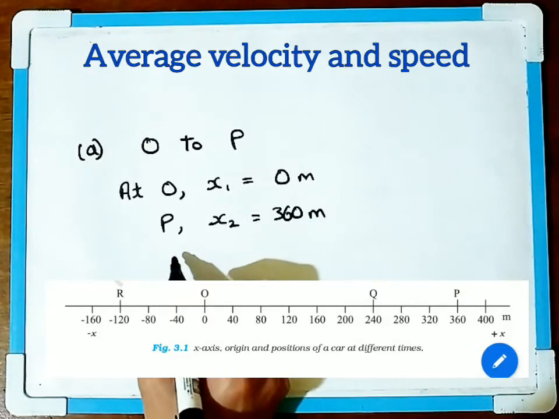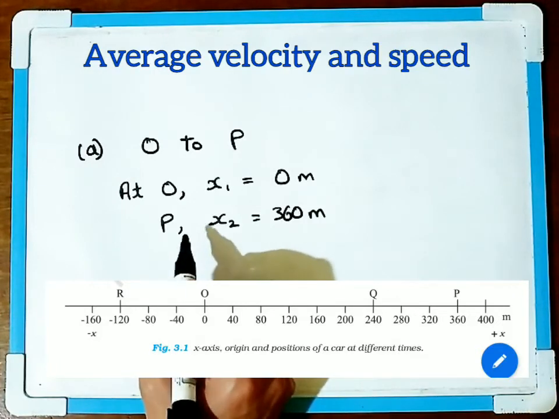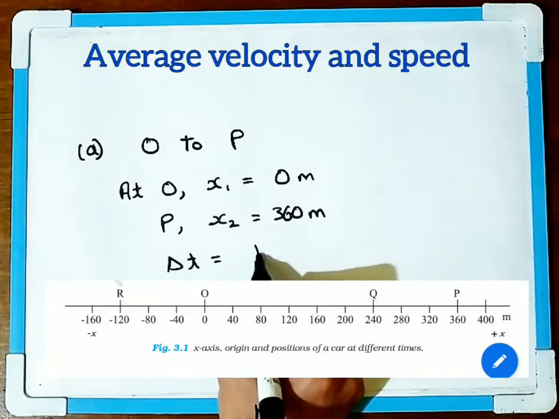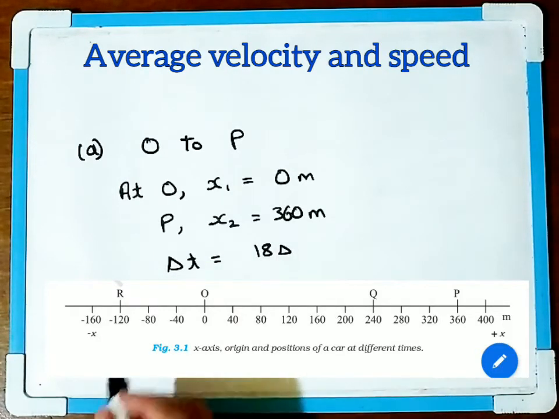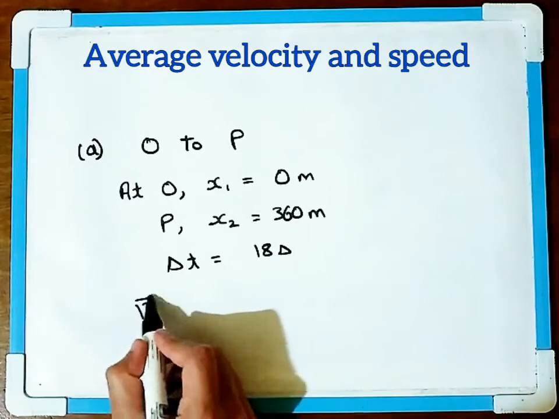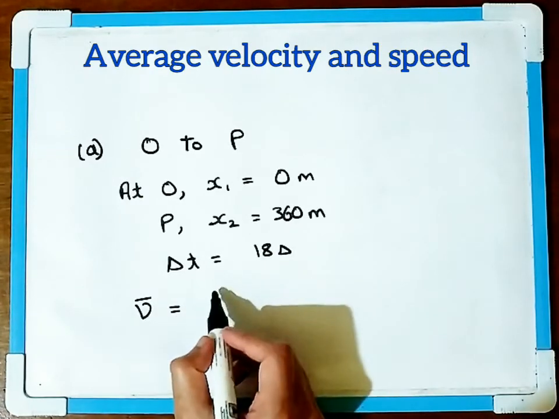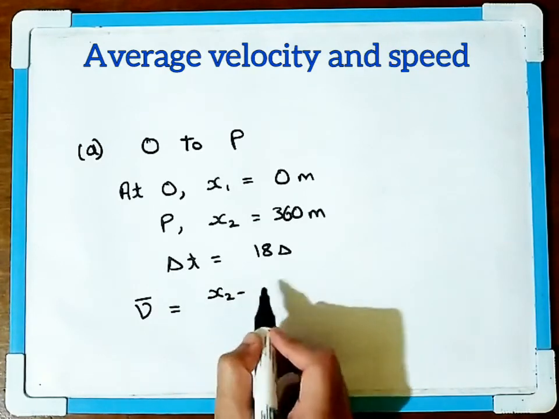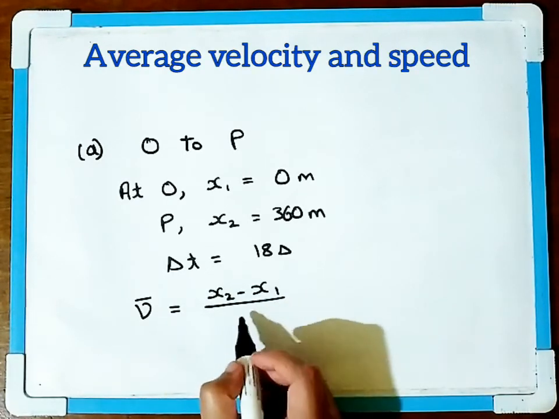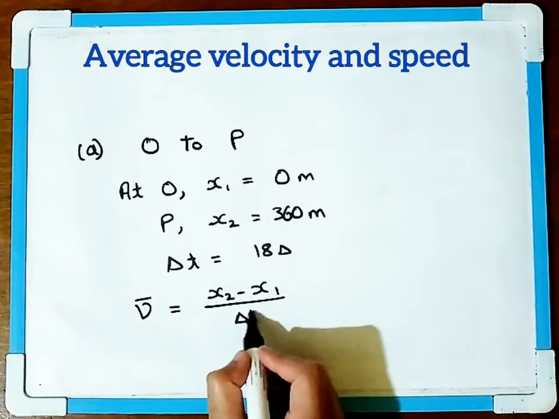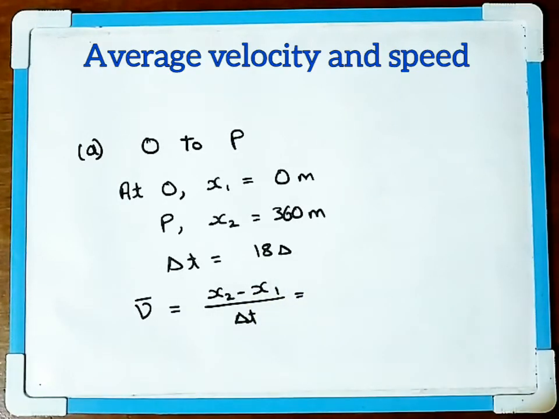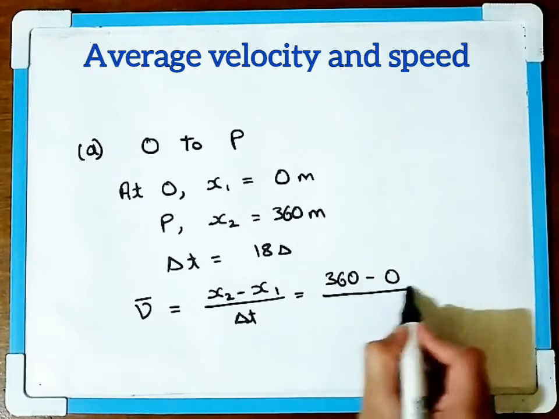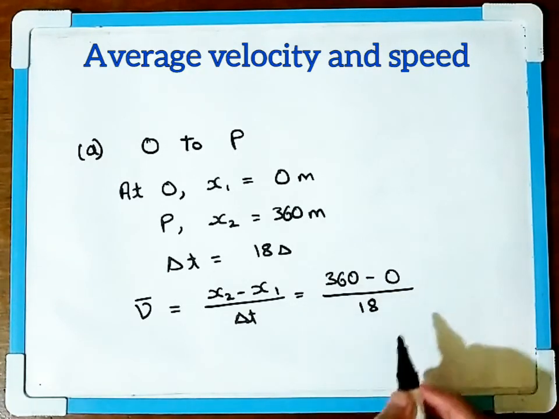And according to the question, the time taken to travel from O to P, that is the time interval, is equal to 18 seconds. So here we can calculate the average velocity as delta x, or simply x2 minus x1, divided by delta t. x2 minus x1 is 360 minus 0, and delta t is 18.